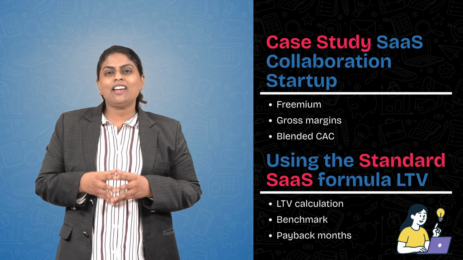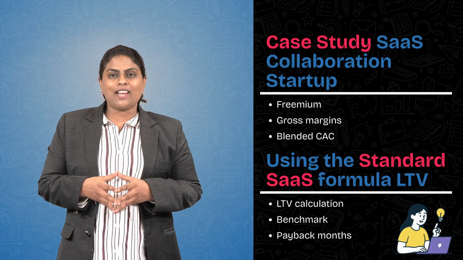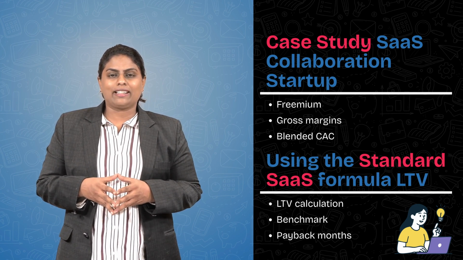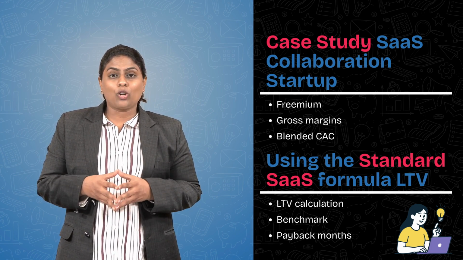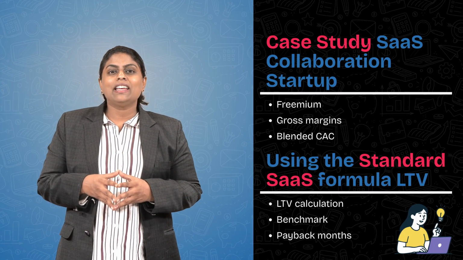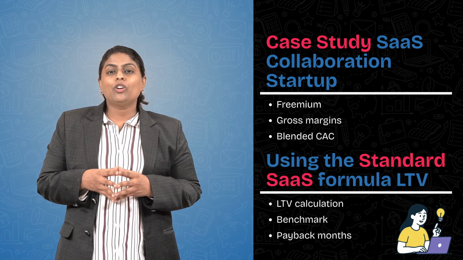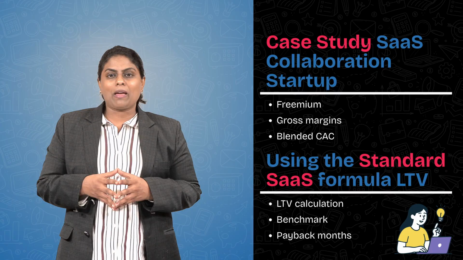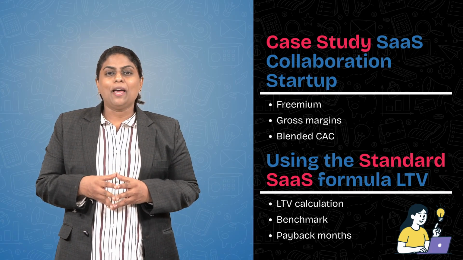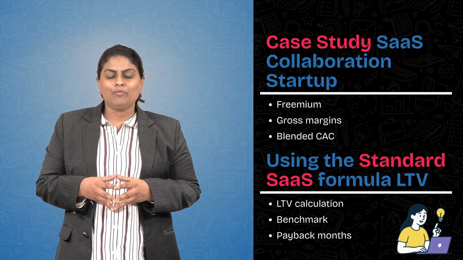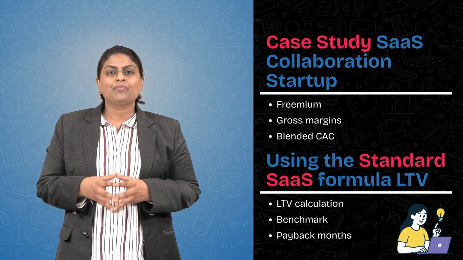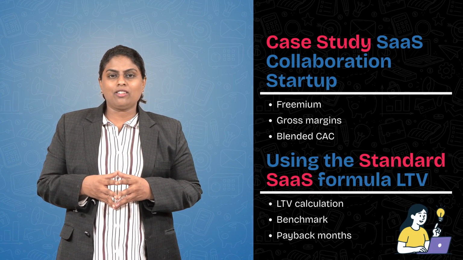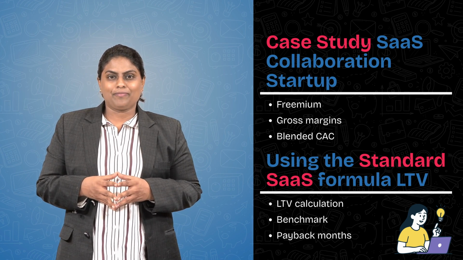With CAC at $300, the LTV to CAC ratio is roughly 2.7 to 1, slightly below the often cited 3 to 1 benchmark, but close enough that modest improvements in churn or ARPU could meaningfully strengthen the economics. CollabFlow calculated CAC payback period by dividing CAC by monthly gross profit per customer, which is 300 divided by 24, giving about 12.5 months, aligning with investor expectations for efficient SaaS growth.